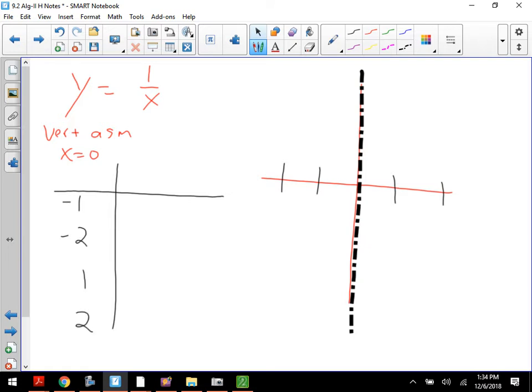If I put -1 in for x, you get 1 divided by -1, and I get -1. If I put -2 in, what do I get? -1/2. Now, what would I get if I put -1/2 in? What's 1 divided by -1/2? -2.